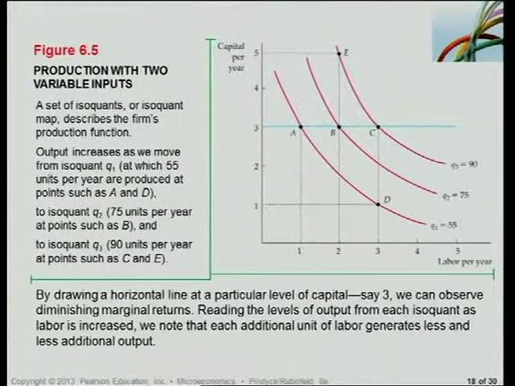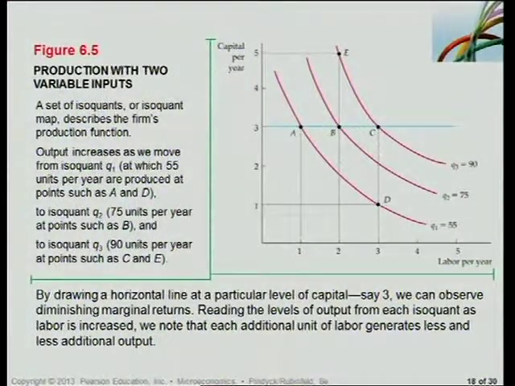It shows the highest output that can be produced with a specific combination of inputs of labor and capital. You will see here there are three isoquants. If you're on isoquant Q1, you will produce 55 units per year.